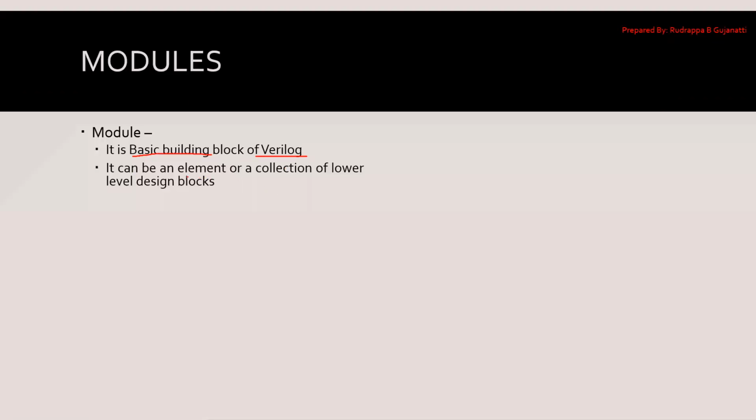Now, here we can have an element or a collection of lower level design blocks. Previously we had studied that we have top level, bottom level, and leaf level cells.